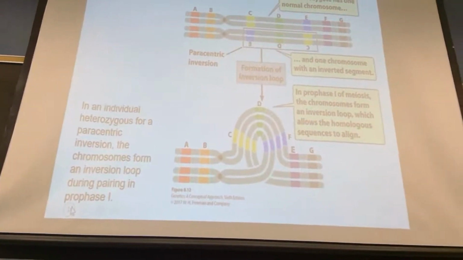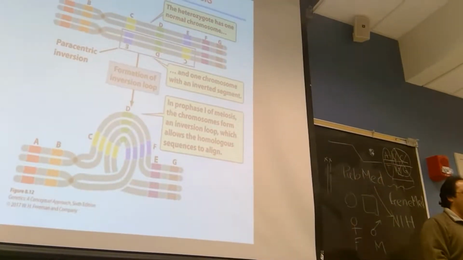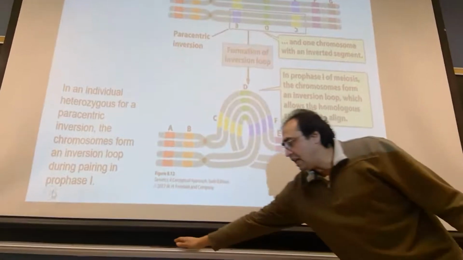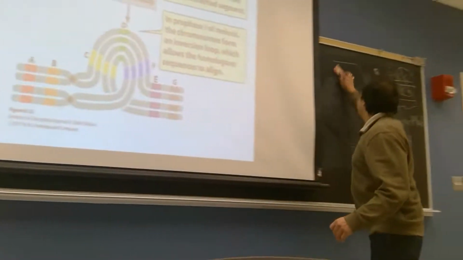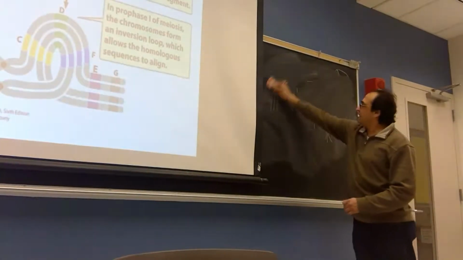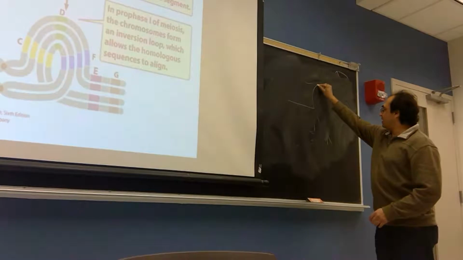So these are two chromosomes, one is normal, one is inverted. What is happening here? I just need to draw it. So one chromosome is like this.